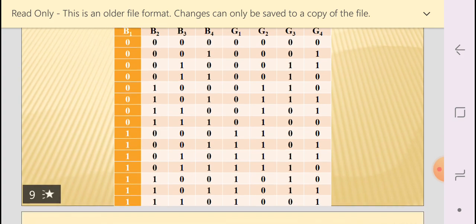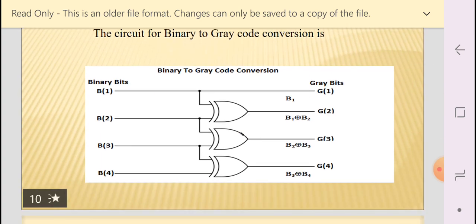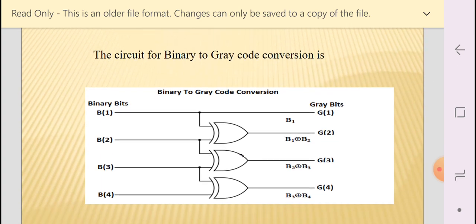This is how we can find the output, and here is the circuit for the binary to gray code conversion. Look at this circuit. As we are discussing, in binary to gray code conversion, B1 is equal to G1. So just short circuit this line, you can see the first line, B1 to G1.